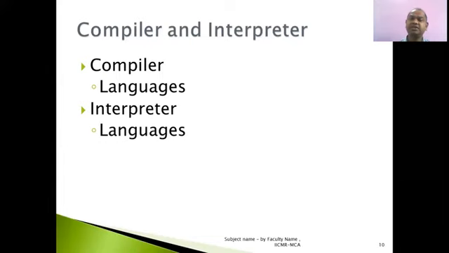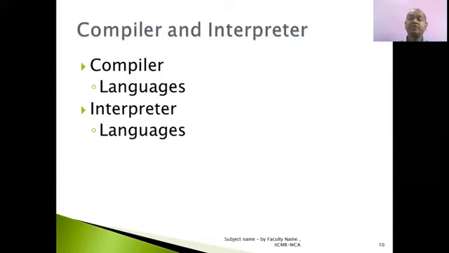So what is the difference? If you are executing something many times and the changes are not frequent, we use the compiler, because if you change the code, you need to compile the whole code again, even if it is 1000 or 2000 lines, and then execute it.